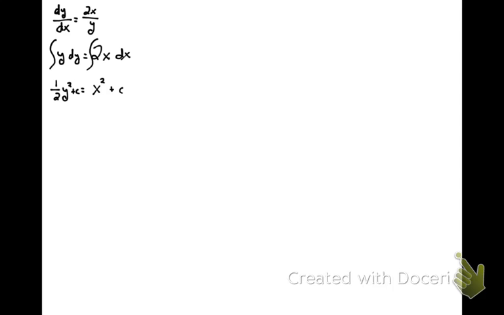Now, we don't know what that constant is, and there's no reason for us to think that they're the same. So what I'm going to do is bring all my constants over to one side. Imagine I've just added both the constants to the right, and so my work will just be 1/2 y squared equals x squared plus some constant c.